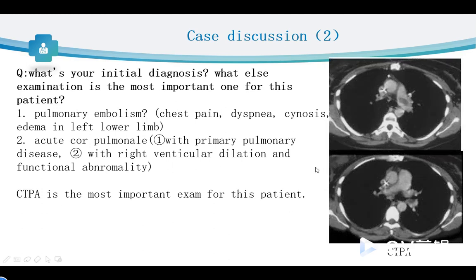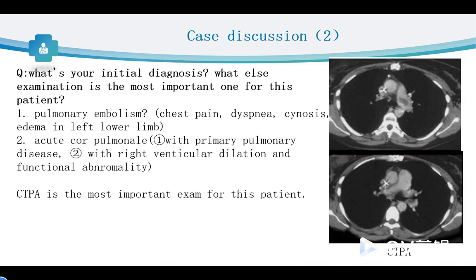Okay, let's look at this picture. This picture shows a CTPA for this patient. It's similar to a common CT, but the contrast agent is injected into the body of the patient through the veins.